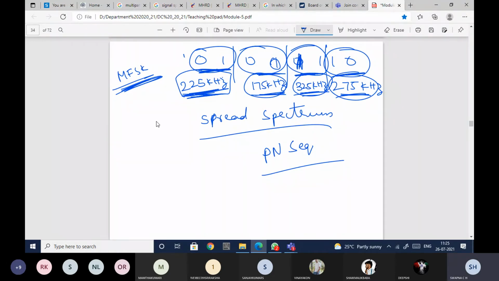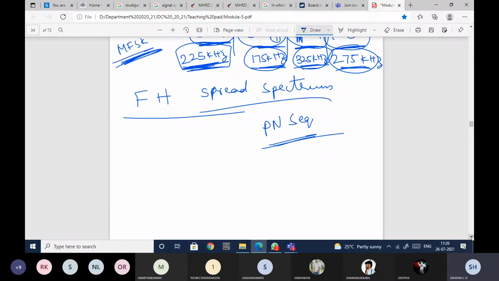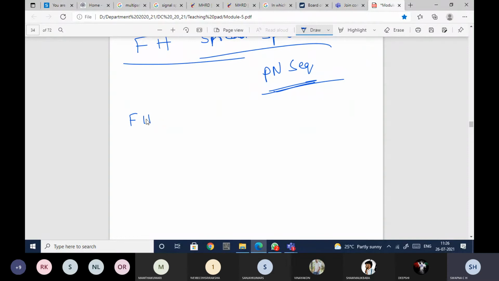Now, in our syllabus we have to go with frequency hop spread spectrum, and this frequency hop spread spectrum will use a PN sequence for spreading the signal. So how exactly it happens, we will now see. First we'll see the FHSS transmitter.